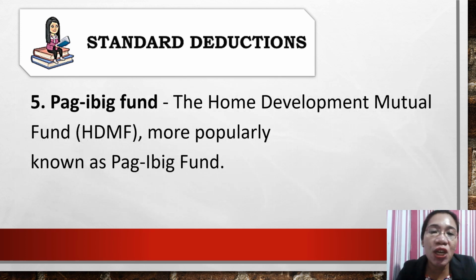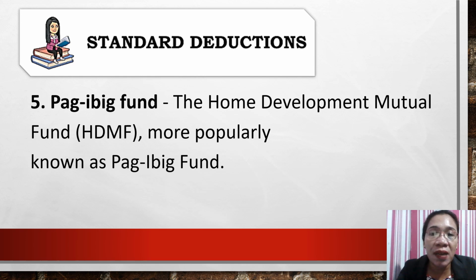Okay, the fifth standard deduction is Pag-IBIG Fund. Yung mga umiibig dyan, hindi yan yung pag-ibig na iyon. Yung Pag-IBIG Fund is the Home Development Mutual Fund or HDMF, more popularly known as Pag-IBIG Fund.